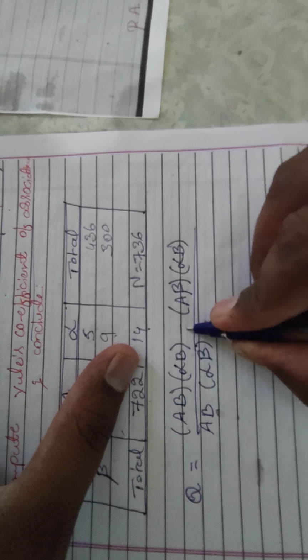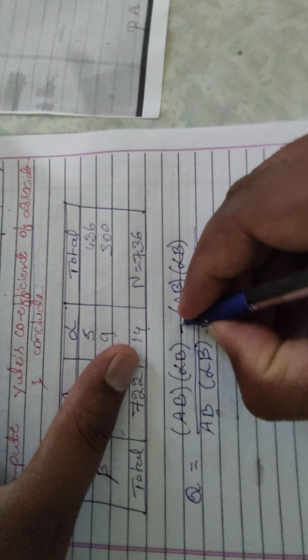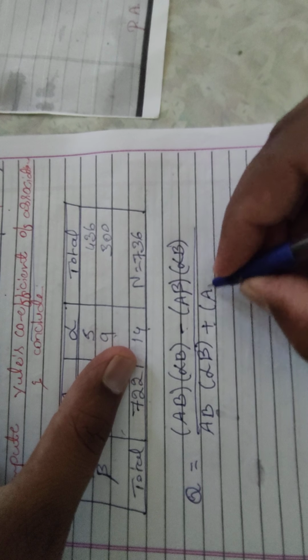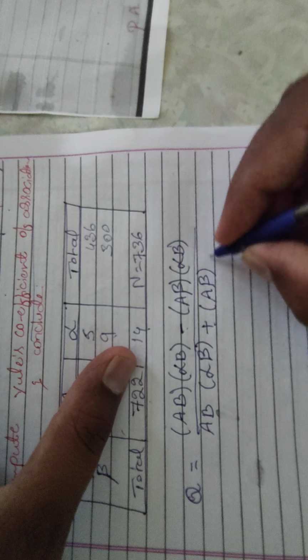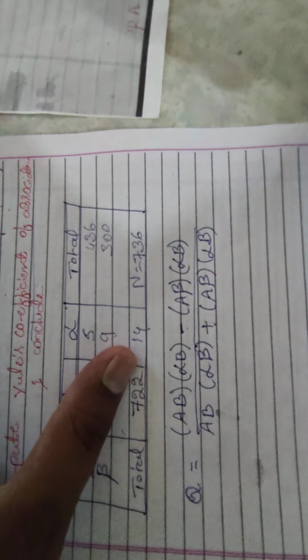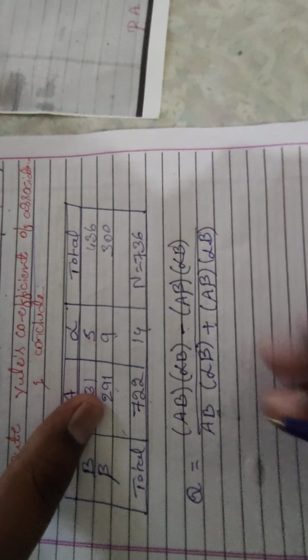So on top of that we have to use minus, here we have to use plus, beta alpha B.